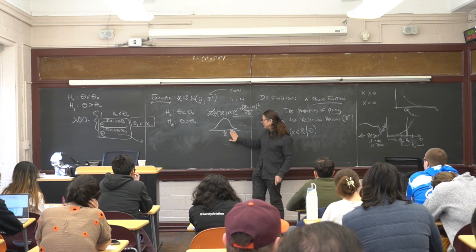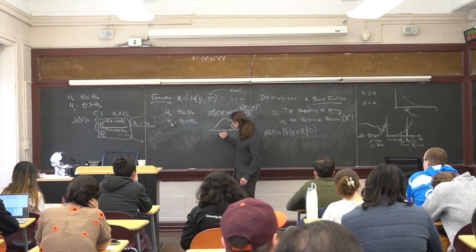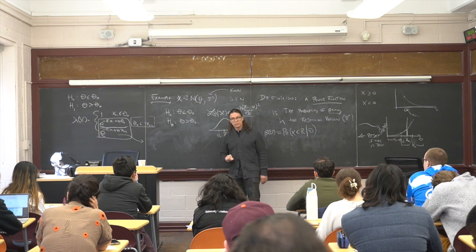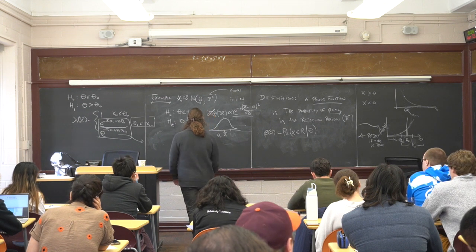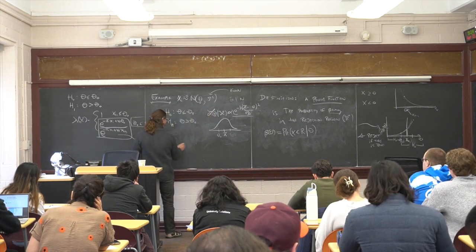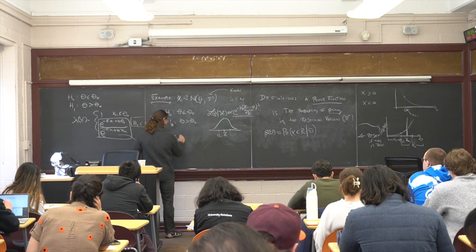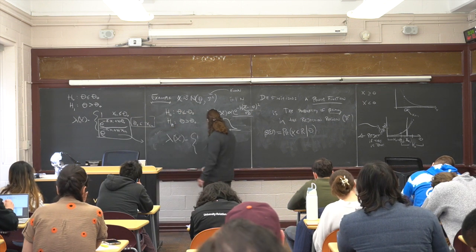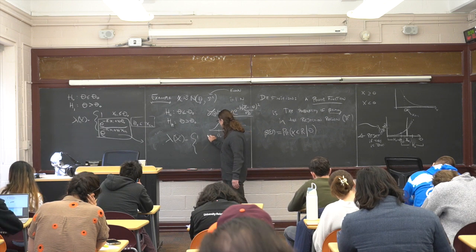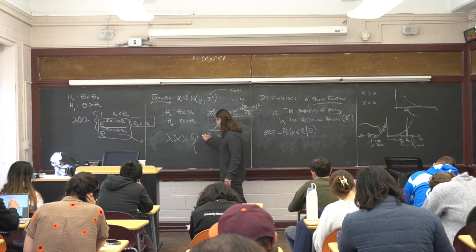The more interesting case, again, is what happens if theta naught is over here. Then I get some maximum likelihood ratio test statistic that's not 1. So lambda of x, a function of all of my data, is 1 if theta naught is greater or equal to x bar.